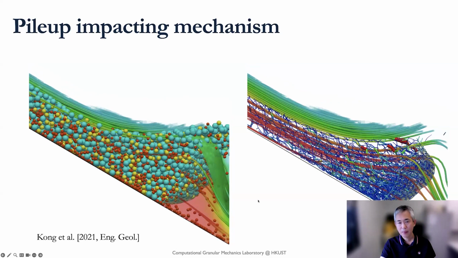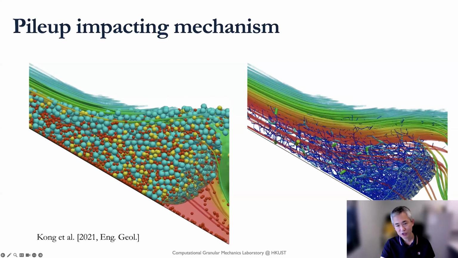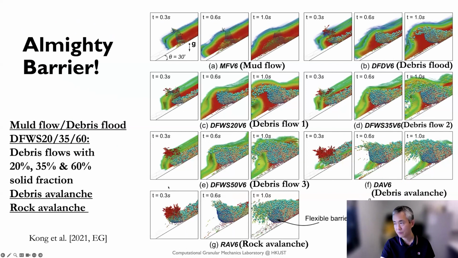Also, for example, if we design a certain net barrier, we can really test it using different incoming flows. In this case, we test whether the incoming flow is a pure viscous fluid like a mud flow, or a debris flood, or a debris flow with different solid content, okay?